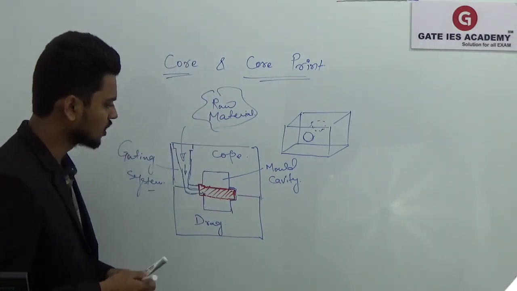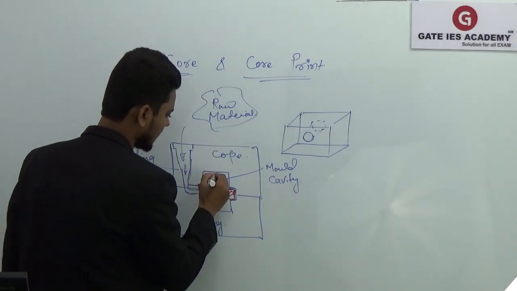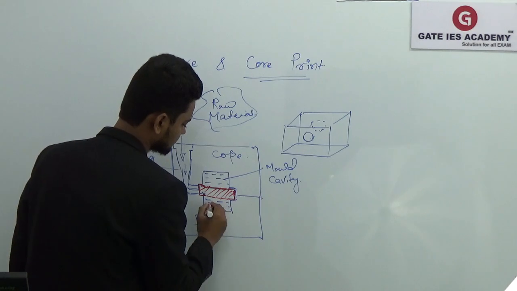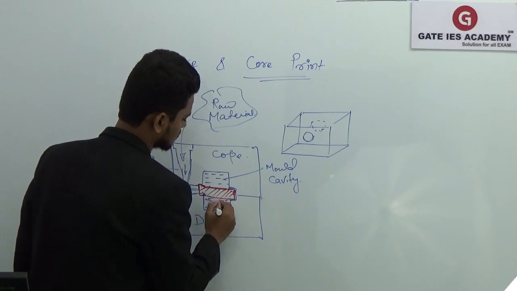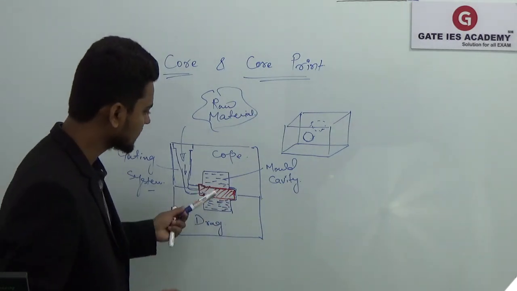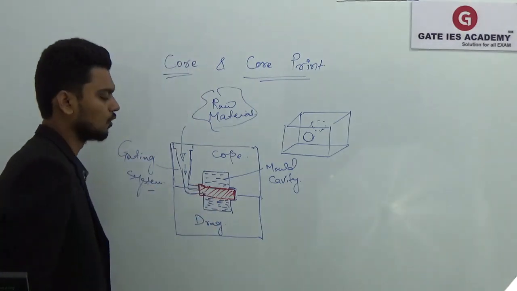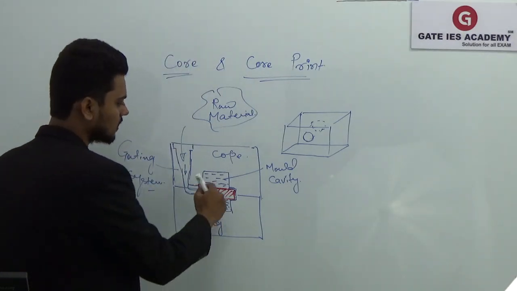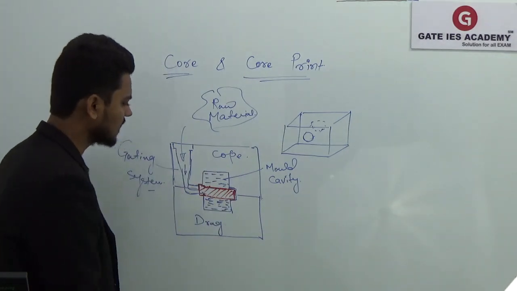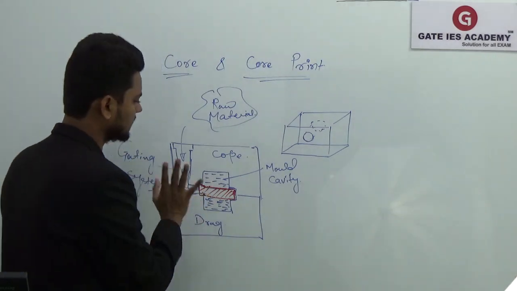We place the core in the mold cavity, and now the cavity is filled with molten metal. Obviously the molten metal surrounds the core, with the core in the middle of your mold cavity.